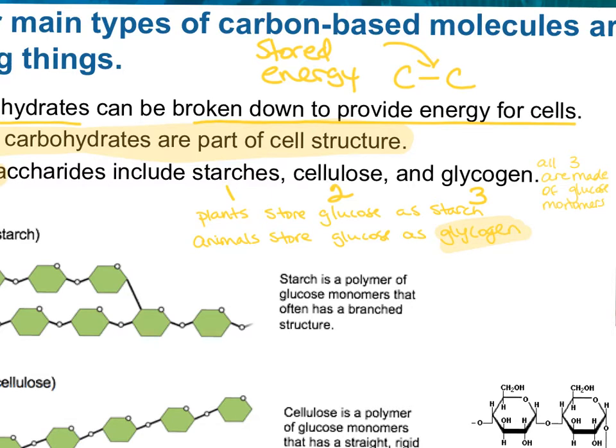Now, I didn't mention cellulose yet. Plants have cellulose in their cell walls. So now we've talked about 3 polysaccharides, and these 3 polysaccharides are made up of one type of monomer, and that monomer is glucose.